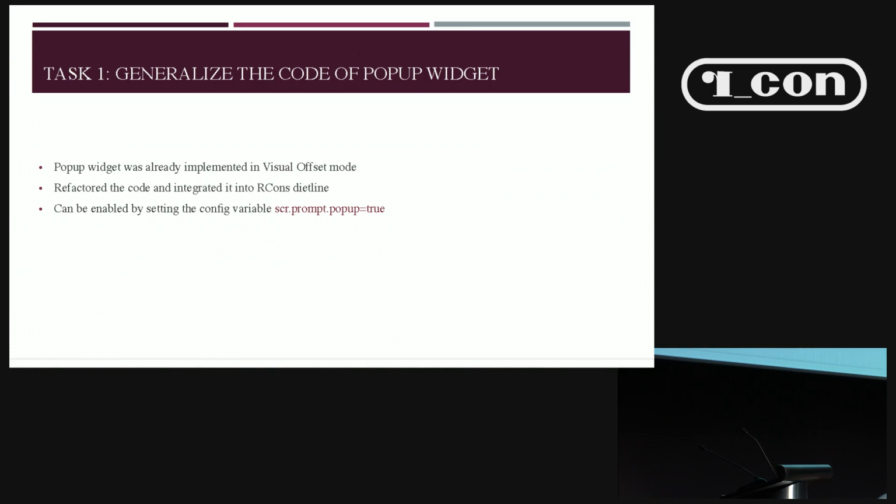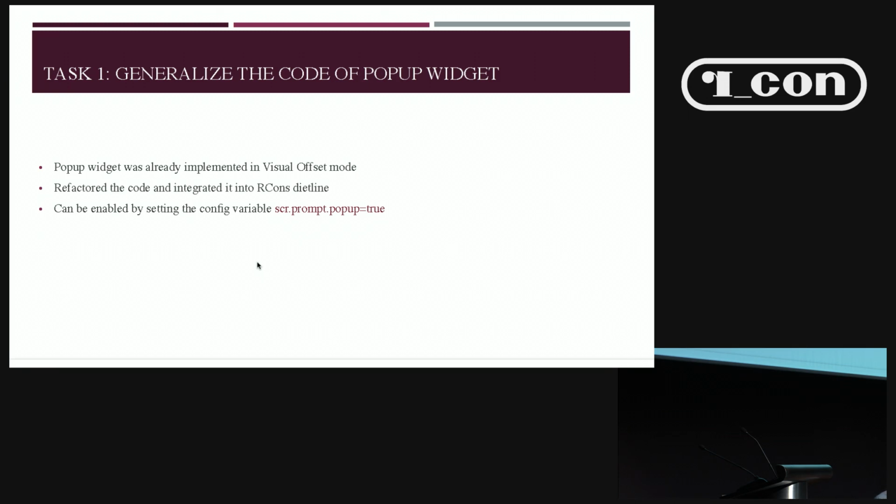So the first task was to generalize the code of the pop-up widget. There was a pop-up widget already in Radare 2, but it was only used in the visual offset mode. When you type the G command in visual mode, you can see a visual pop-up.